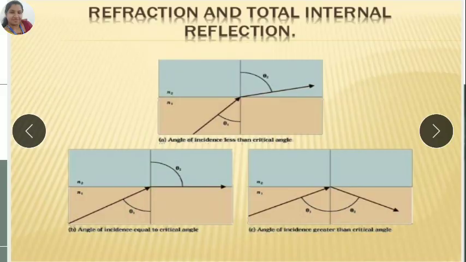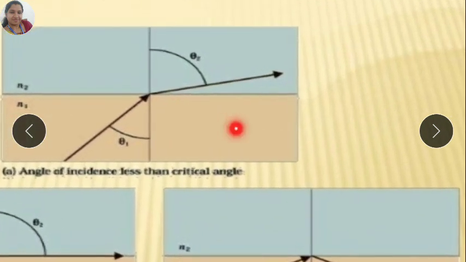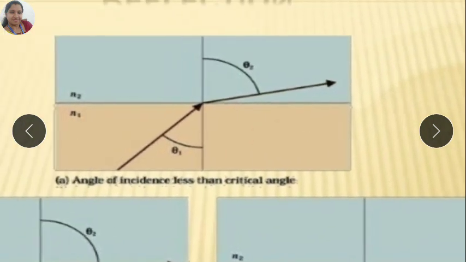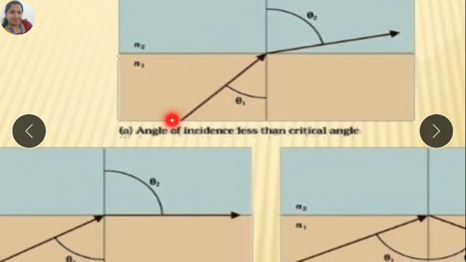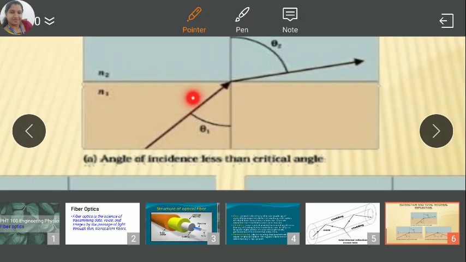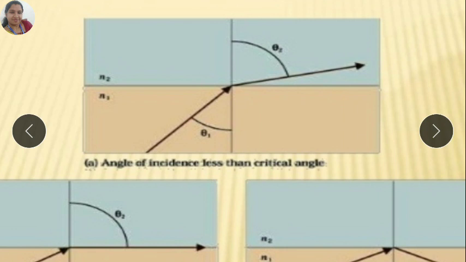Here in this first diagram, this is the incident ray. When a light ray enters from one medium to another medium, at the medium interface it gets refracted. Here this angle is the angle of incidence and this angle is the angle of refraction.